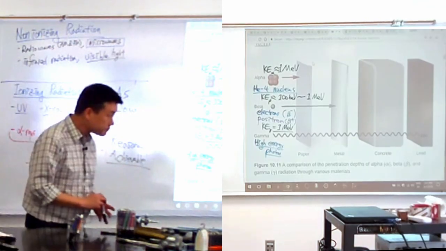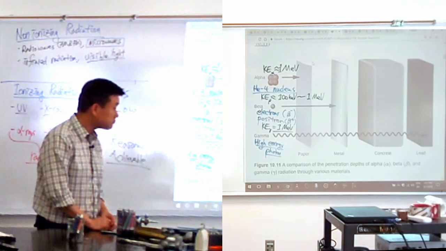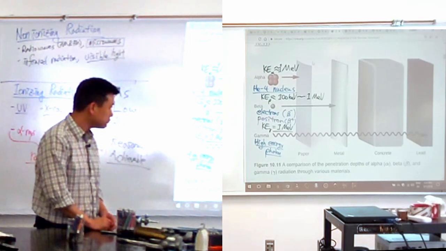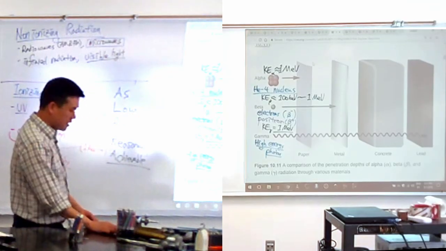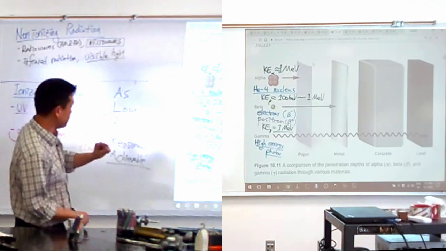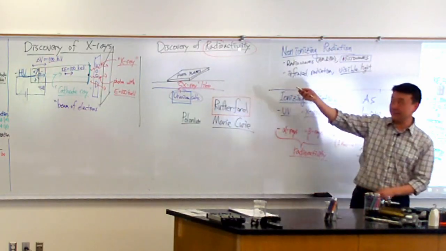Yeah, question? So why is gamma a radiation and X-ray isn't radiation? Like why do we call gamma rays radiation? Oh, they are both radiation. I guess they're two similar sounding but different words: radiation and radioactivity.